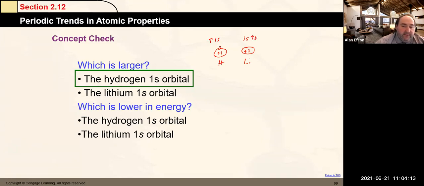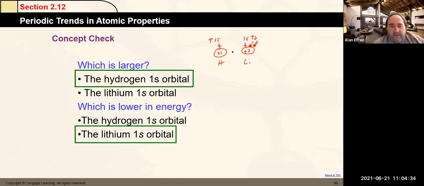And this guy is going to feel that +3 pull, which is going to bring everybody in much closer, and it means that 1s orbital would be brought closer in to the nucleus and thus be lower in energy. Any questions on those two there?